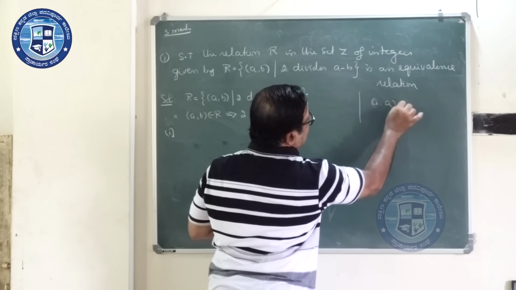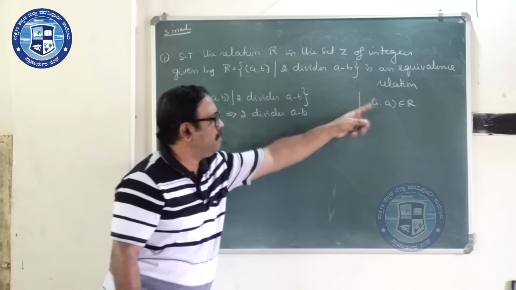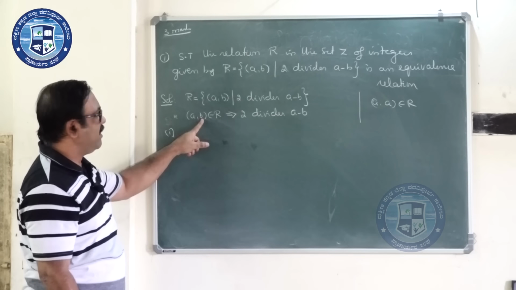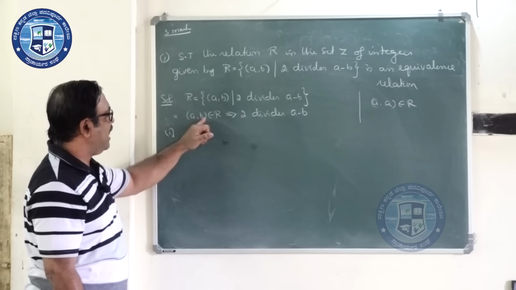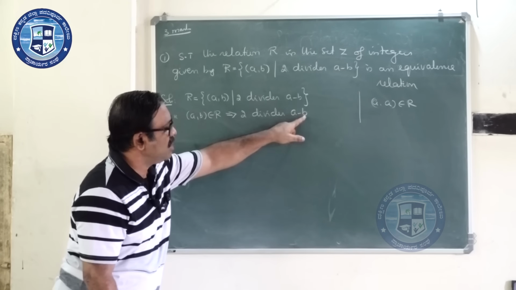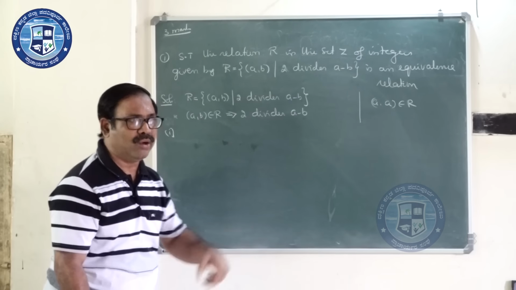Very simple. See, (A, A) belongs to R. Now, very simple. In (A, A), you replace B by A, then what do you get? (A, A) belongs to R means 2 divides A minus A. So, A minus A, what is it? 0.